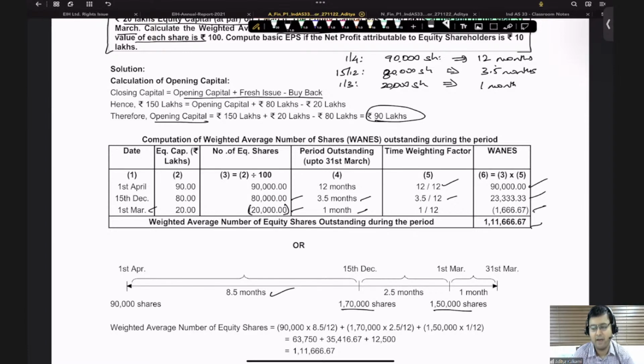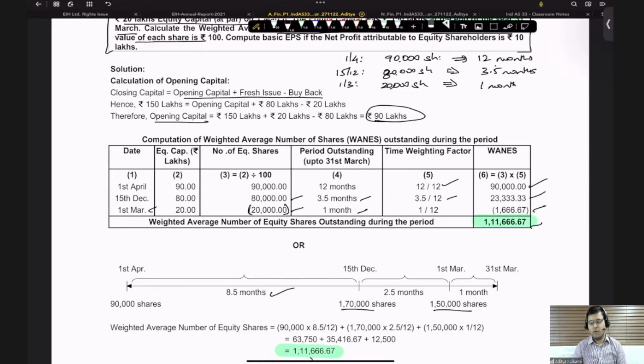So this comes to 1,50,000 shares which are remaining. So now if I do the weighted average, it will be 90,000 into 8.5 by 12 plus 1,70,000 into 2.5 by 12 plus 1,50,000 into 1 by 12. So that also gives me the same answer.